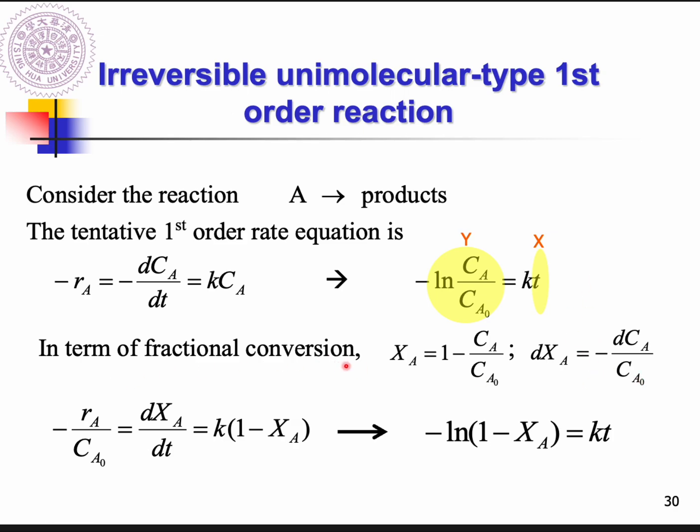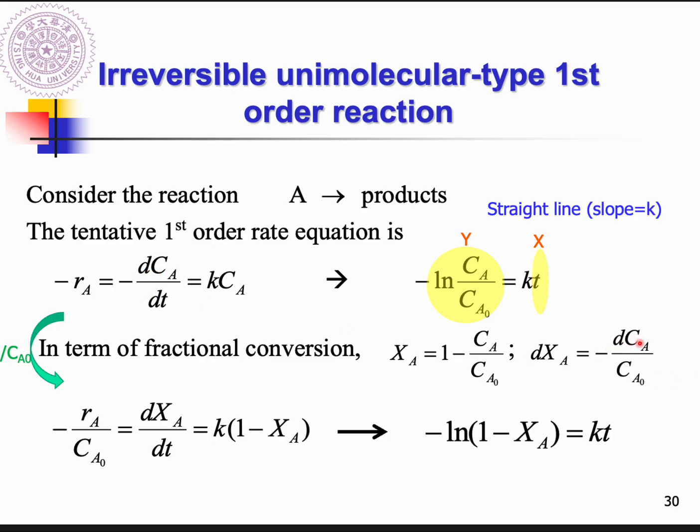Next, I'm going to convert these equations into terms of XA versus time. How to do that? I just directly divide by CA0 on both sides. So we get minus rA divided by CA0, and this part will be minus dCA over CA0, right?